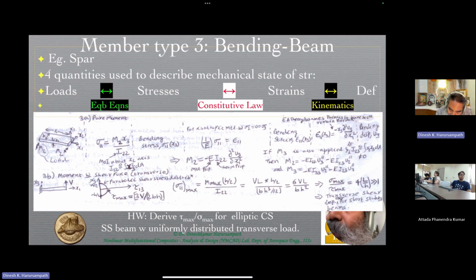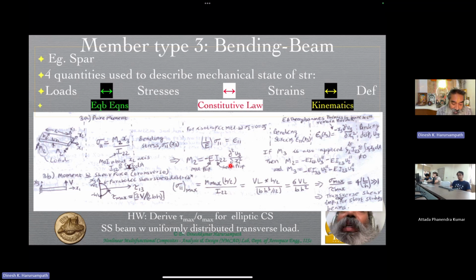So right now, it's just a single moment about the x2 direction, which we call M2, and the resulting major displacement or deformation on the right hand side of this bucketed variables, the fourth variable, is U3. That relationship has a very similar pattern to the previous two that we have seen, just that the differentiation has increased by one order.